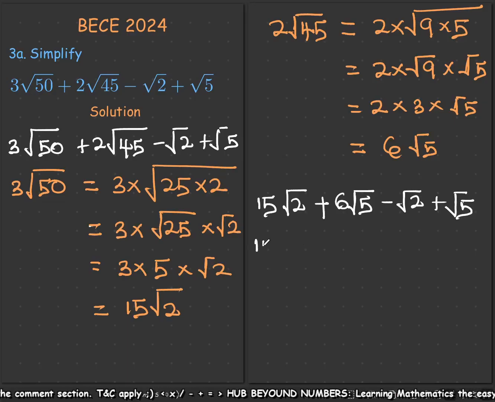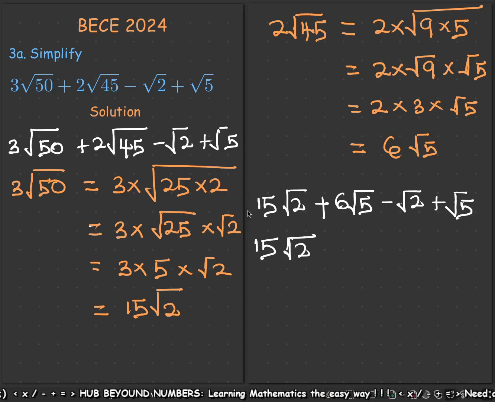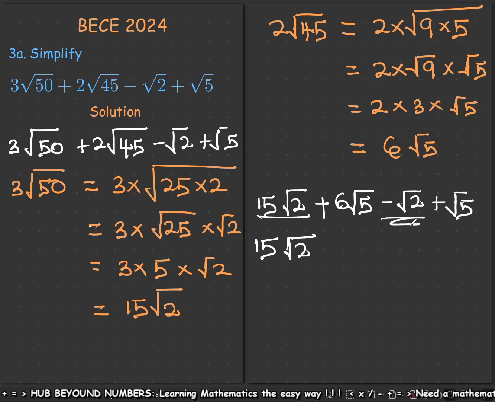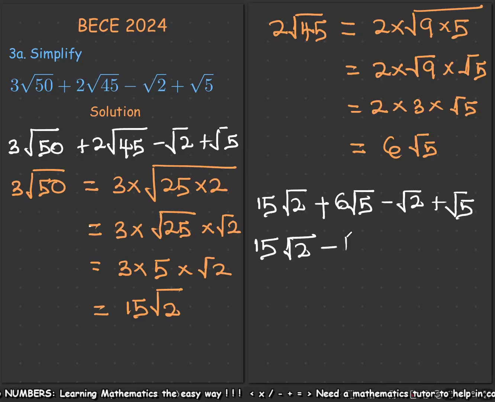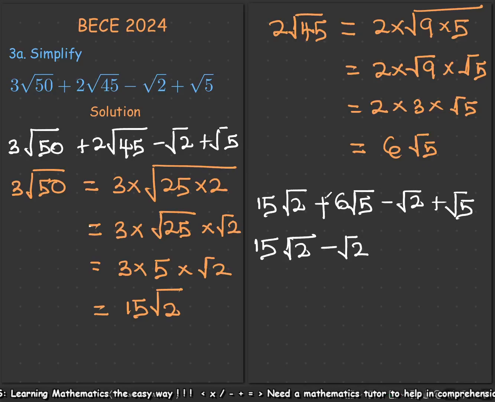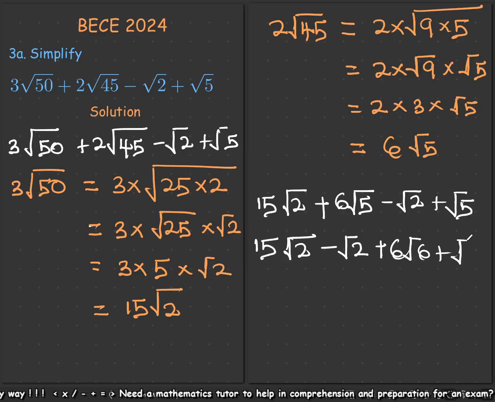So we have 15 root 2, this here, and it can work with this negative root 2, so minus root 2. Then we can now combine this and then this. That is our positive 6 root 5 plus root 5.